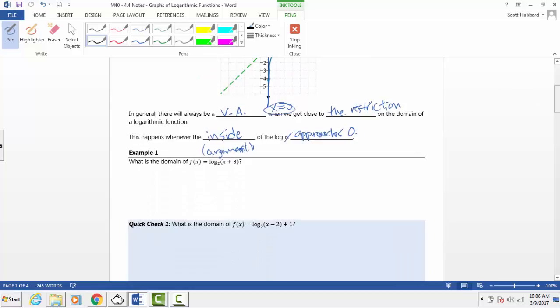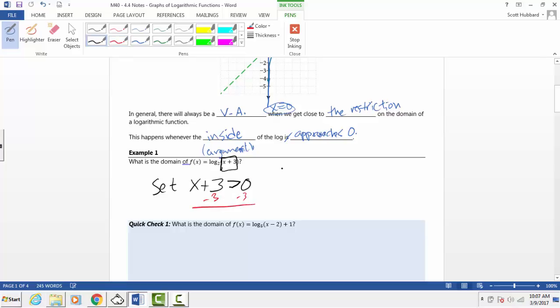So what's the domain of this log? Well, all that we do is set x plus 3 greater than 0. The inside of a log always has to be positive. So if x plus 3 is greater than 0, then we just subtract 3 and we get our domain.